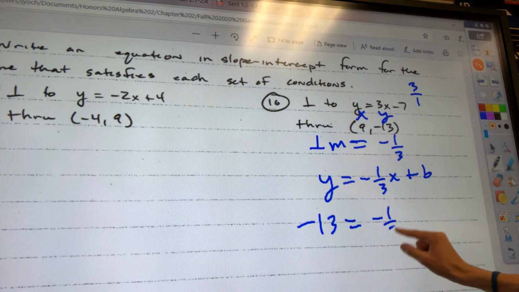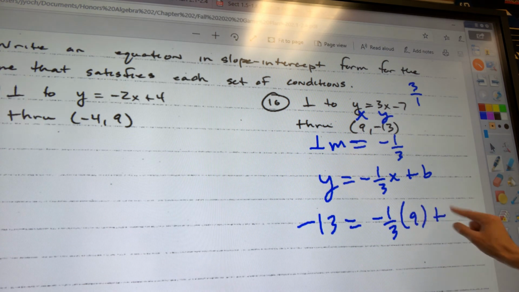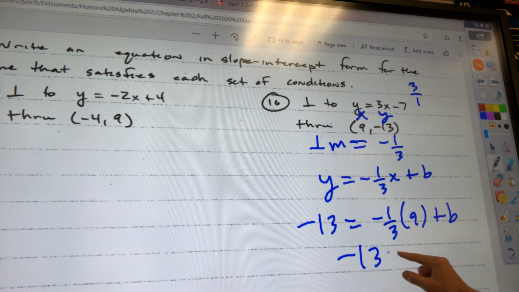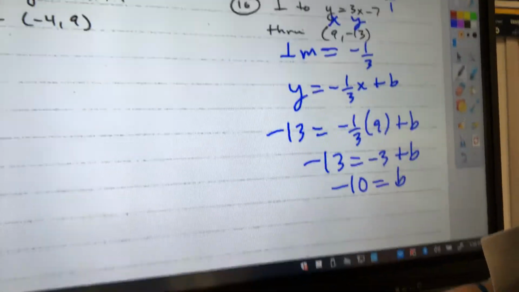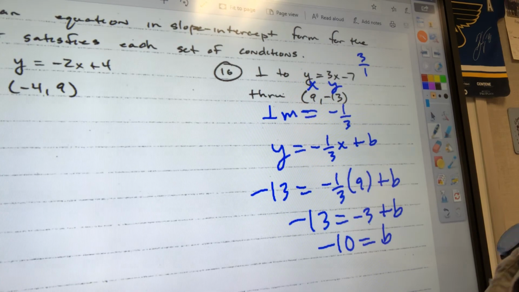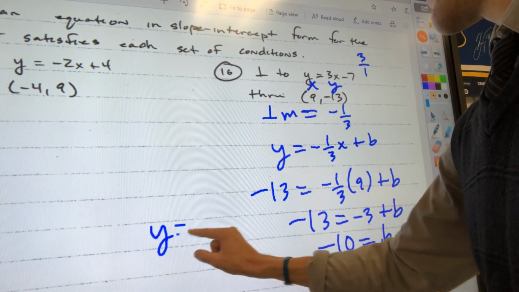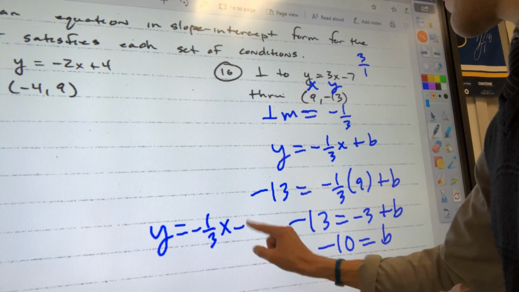Negative 13 is negative 1/3 times 9 plus b. Negative 13 is negative 3 plus b. Negative 10 is b. All right. y is negative 1/3 x minus 10.